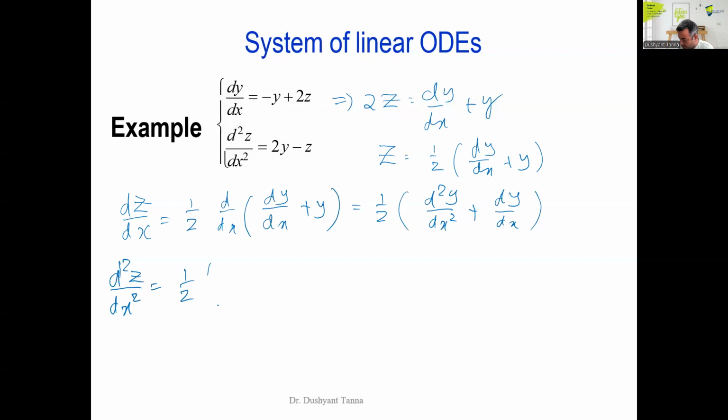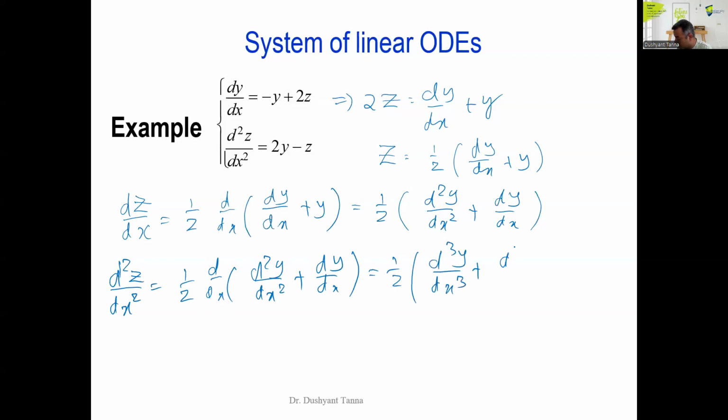So that's half d by dx of this internal d2y by dx2 plus dy by dx. Right, so that's d3y by dx3, d2y by dx2. Okay. Now, I will call it a couple of equation 1, 2, 3.